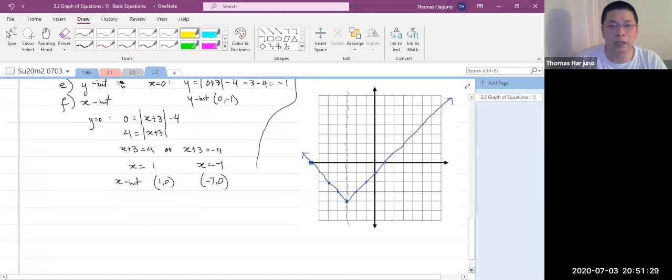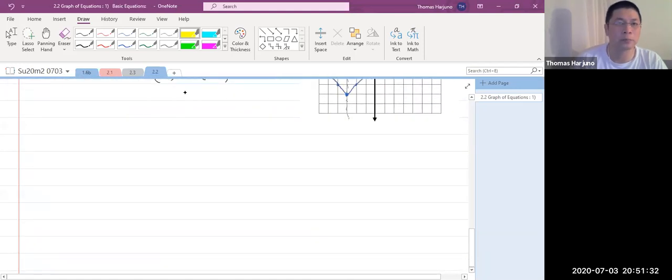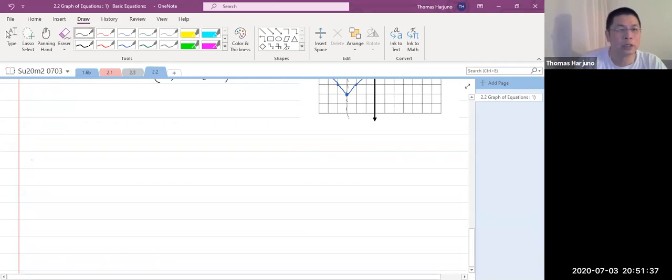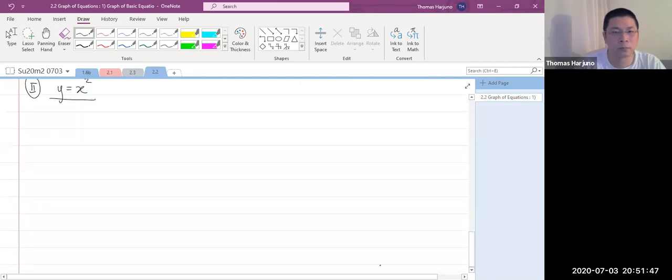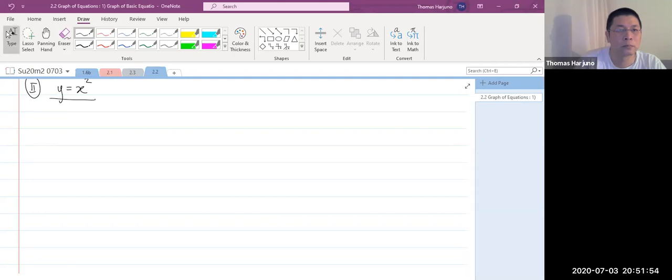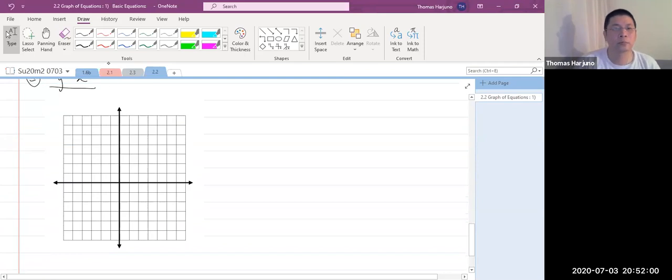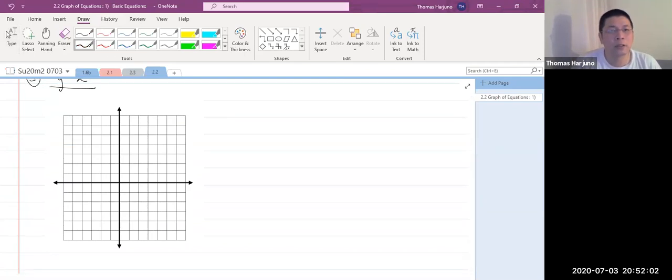Now, using that idea, we go on to the second type of equation, the graph of equation that I need you to memorize. The second one is y equals x squared type. Its graph has the vertex at (0, 0).